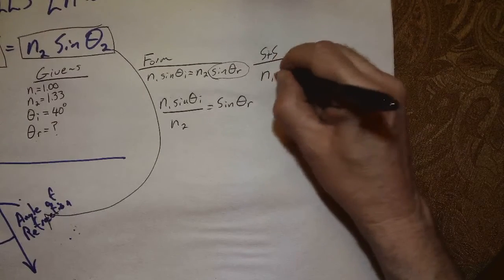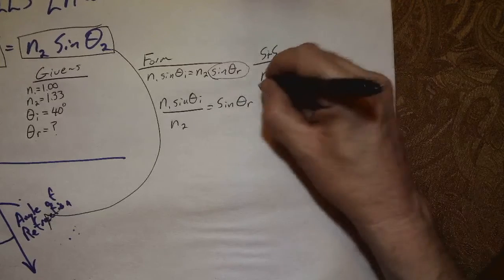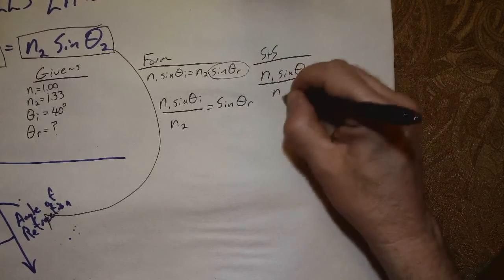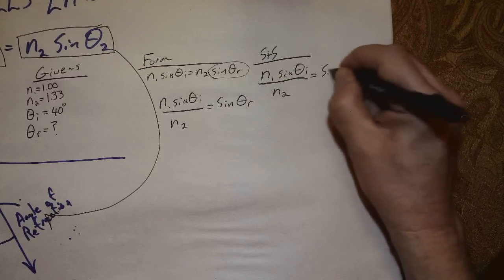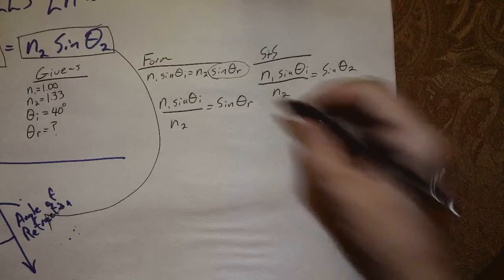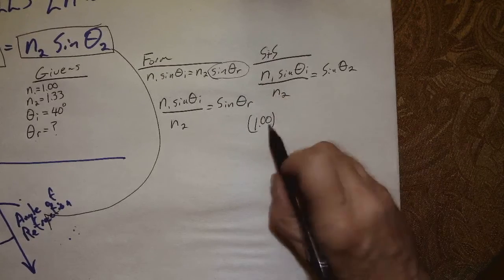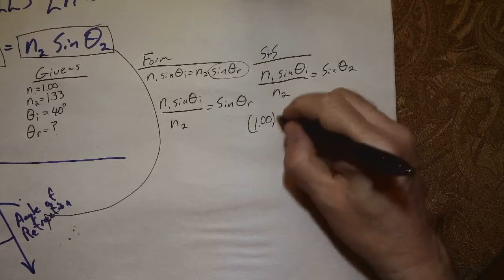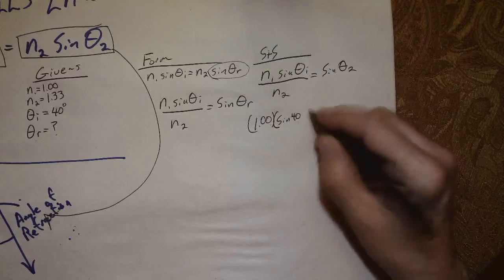So the S and S then: we rewrite n1 sine theta 1 over n2 equals sine of theta 2. We might be in an epidemic, but we're not going to get sloppy with our physics. Fill it in: 1.00. Notice, no units, isn't that weird? Times the sine of 40 degrees.